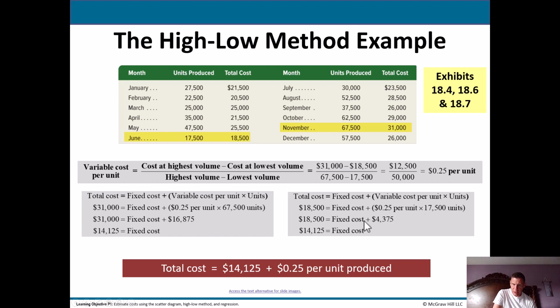If you work your way through, you'll get the same number. That might be a good idea the first couple of times you do this, to check yourself to make sure that the fixed costs both come out the same. They're fixed, right? So they should both come out the same. So our total cost equation in this example, based on these numbers, equals 14,125 fixed plus 0.25 per unit produced.